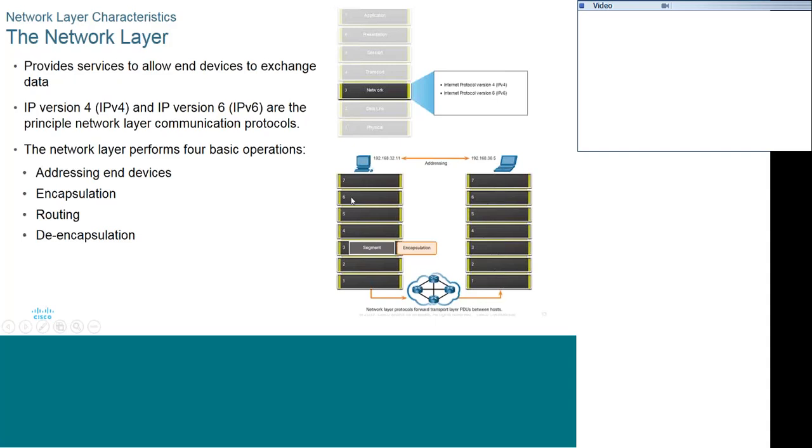Routing also routes the packets among different networks until they reach the final destination. And de-encapsulation examines the IP address to identify to which network this data needs to be routed.